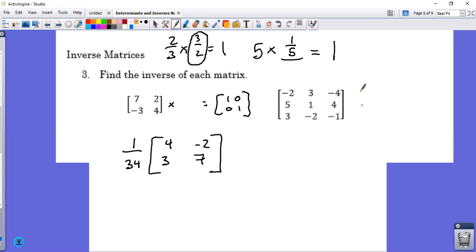So if I'm going to find the inverse of this matrix, it's going to be 1 over whatever the determinant is. And then this doesn't work the same way. It's not switching around stuff. So let me show you on Desmos.